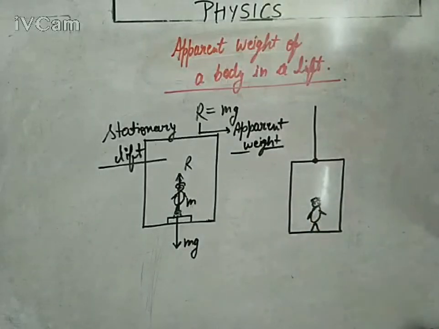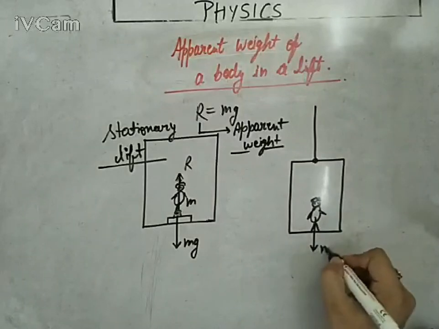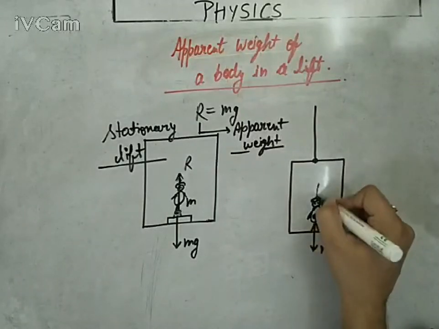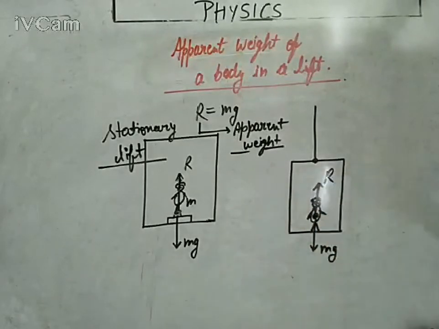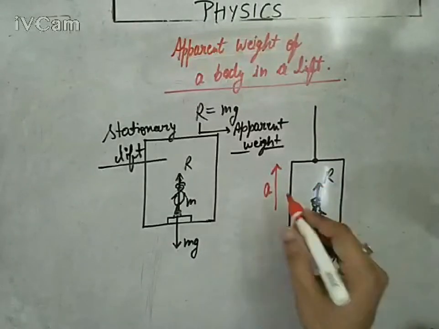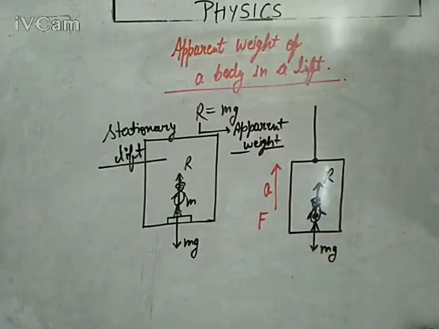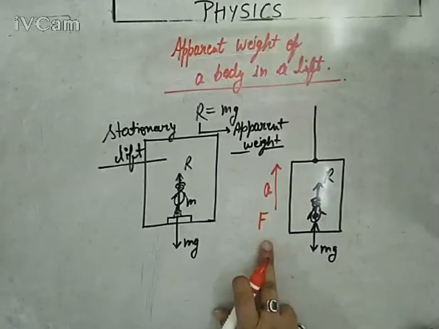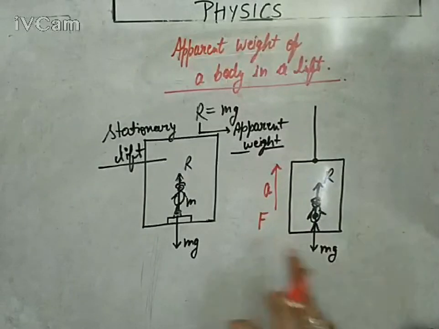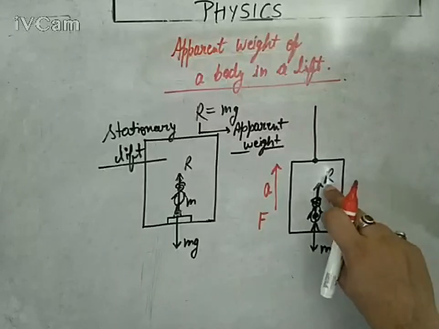Let's say this is the person, his actual weight which is working in downward direction is mg, and the reaction from the floor of the lift is R. Now, if the whole system is being accelerated in upward direction with an acceleration a, the resultant force by which the lift is being accelerated in upward direction is F. But according to the free body diagram, the reaction must be greater than mg.